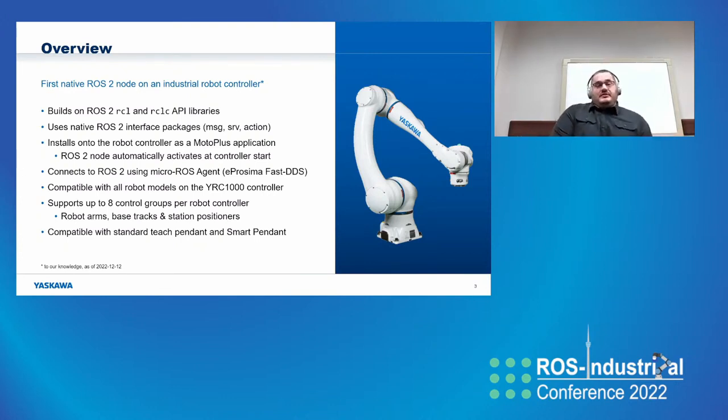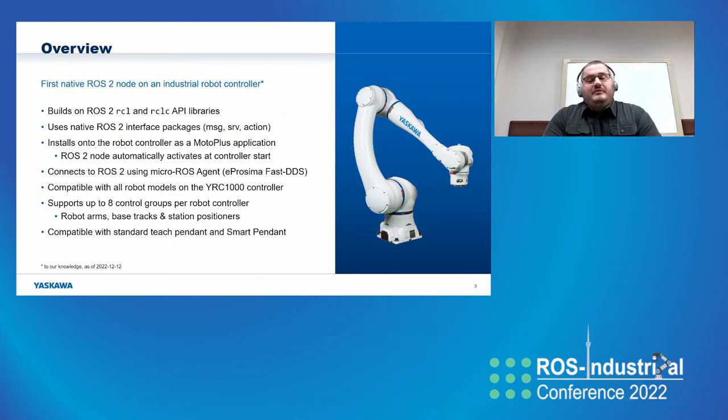So it actually starts up upon boot up of the controller. The node launches, is ready to go, and it's always listening, if you will. We do route through a node on the PC called the MotoROS agent. I'll describe that a little bit more in the next slide.